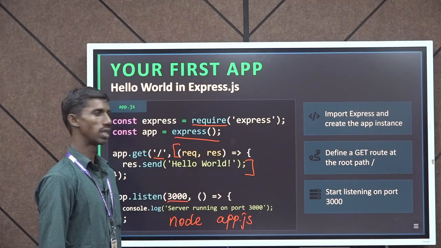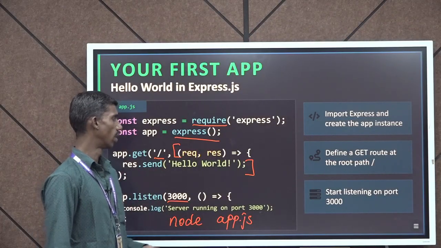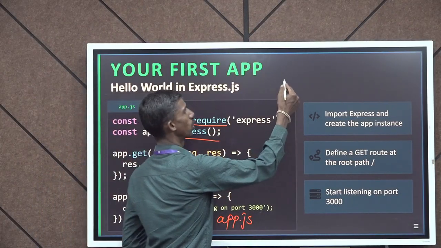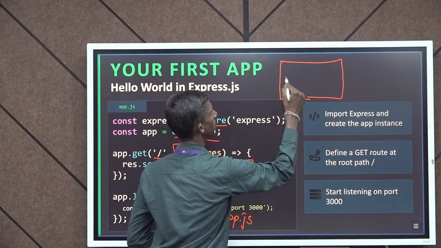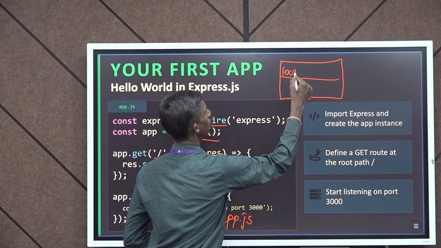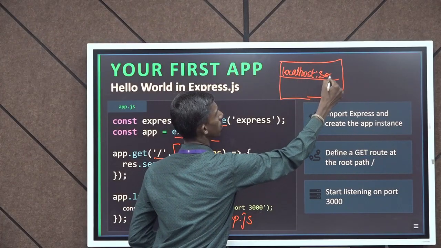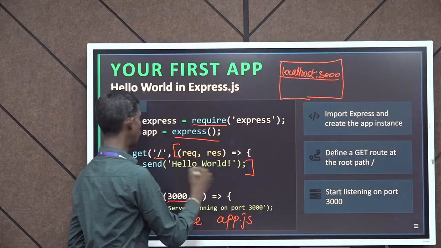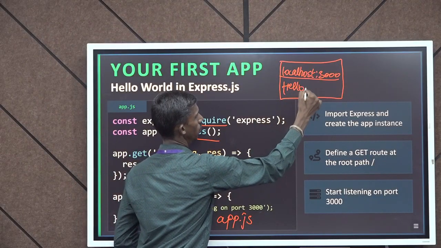Okay, then the result will be displayed when you move to the browser URL. In the browser, you should hit localhost colon 3000, then it displays the result as hello world.